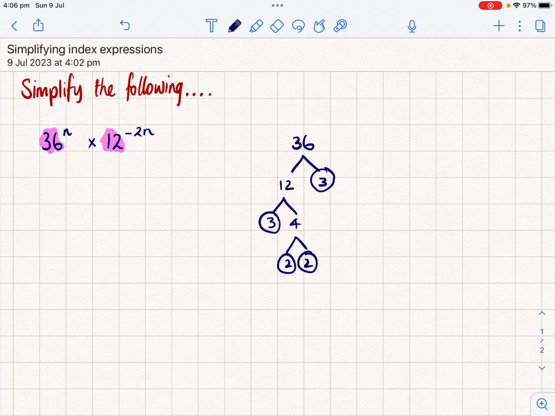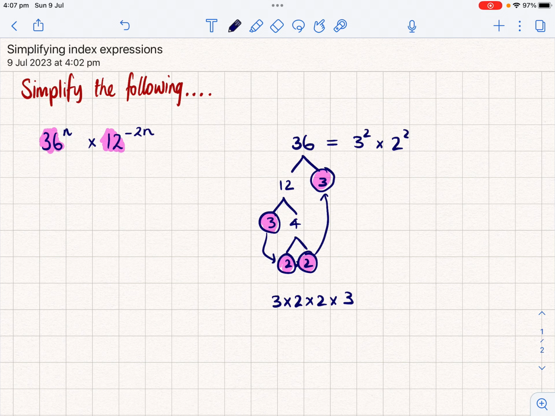So when I create this, I end up with 36 is the same as 3 squared times 2 squared, because I have 1, 2 3s and 1, 2 2s. Or if you would have preferred, it's 3 times 2 times 2 times 3, just by moving along my tree like that.